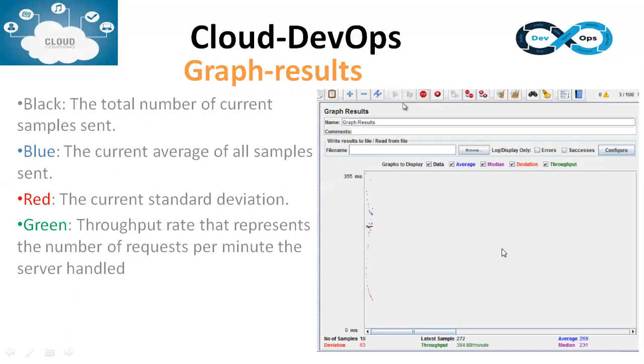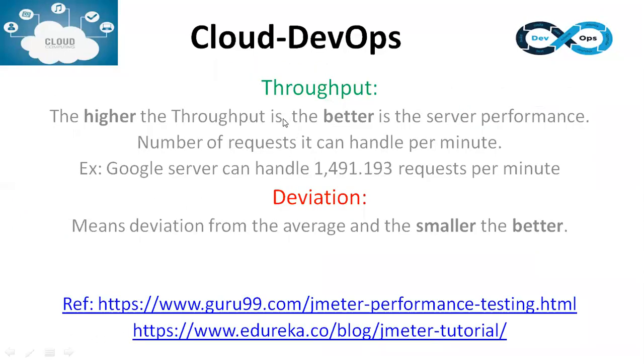So that is the throughput of this application. These are just the definitions of throughput and deviation. Throughput per minute shows how capable the application is. Deviation means how the sent requests are deviating.